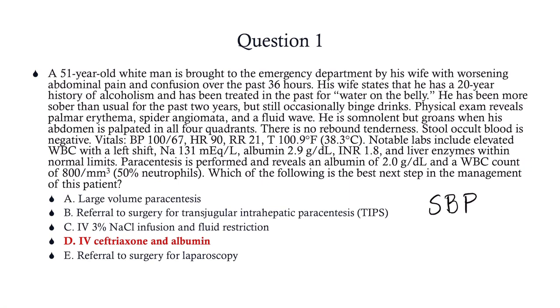And when you have ascites, anytime you have ascites, there is a risk of peritonitis, of spontaneous bacterial peritonitis. So why does this happen? This happens because of seeding from the gut, from the intestines, which then gets into the ascitic fluid.